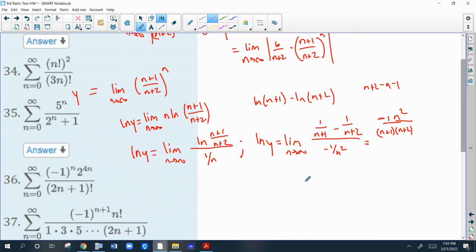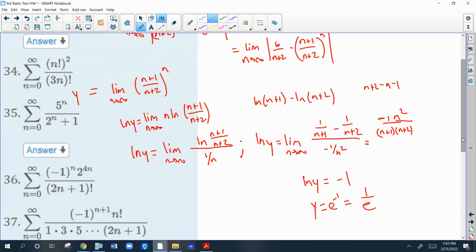It's strange, but that's okay. Exponentiate both sides. So we have e to the natural log of y, which is y, equals e to the negative 1, or just 1 over e.